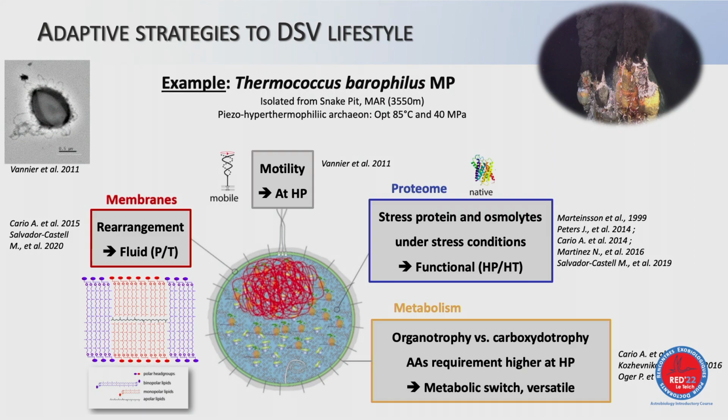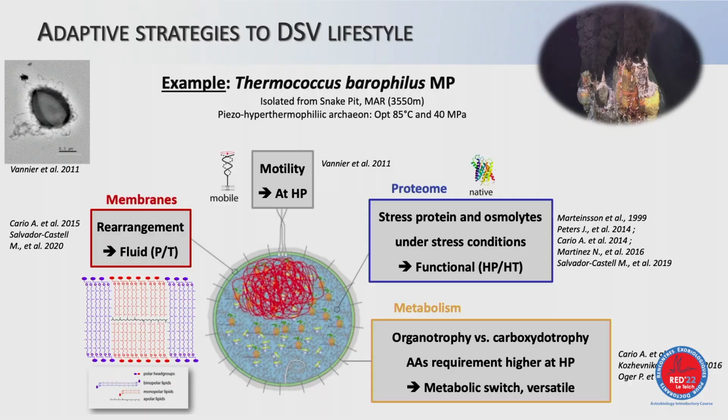With different studies, we saw that barophilus was able to modify the composition of its lipids at high pressure, but also according to different temperature conditions, so it always had a fluid membrane. Concerning the motility, we saw that this strain is only mobile at high pressure conditions, and under atmospheric pressure conditions, the strain cannot swim at all.